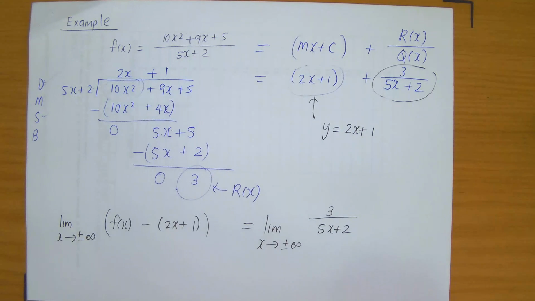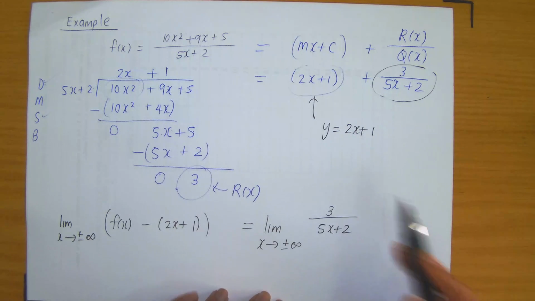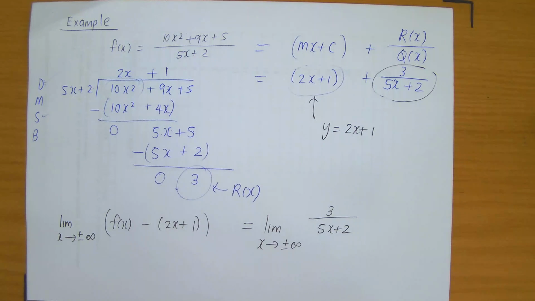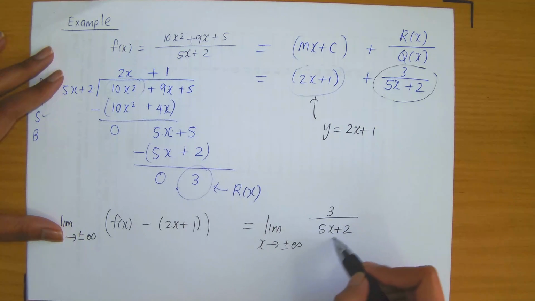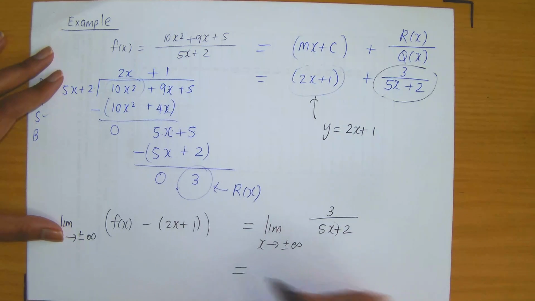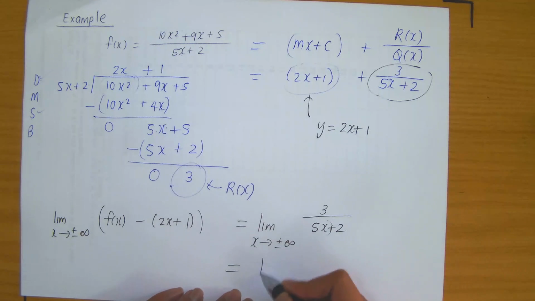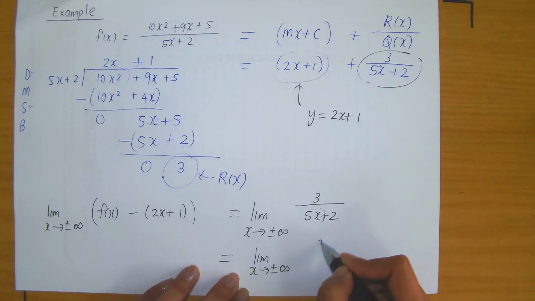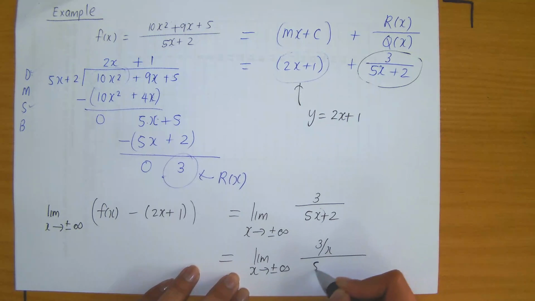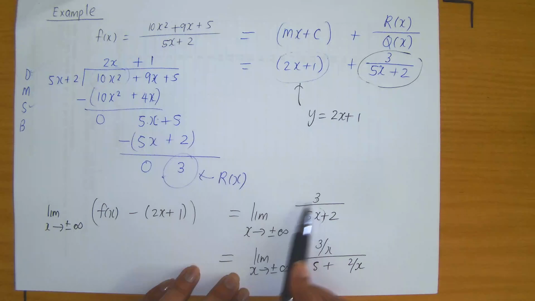But once again, this is a limit at infinity of a rational function. So we divide both the numerator and the denominator by the highest power of x. So that's 3 over x, and this is 5 plus 2 over x. I've divided 3 by x, 5x by x, and 2 by x.